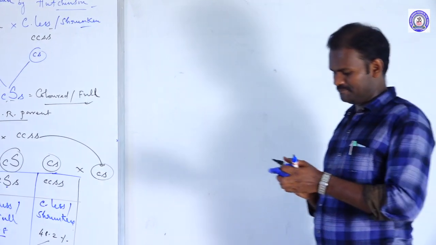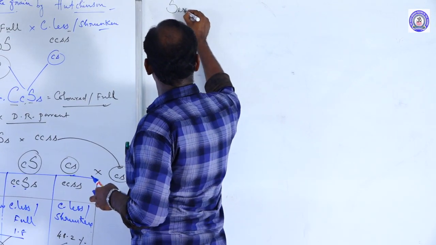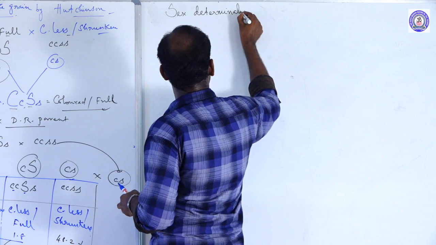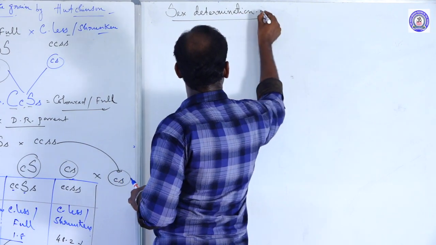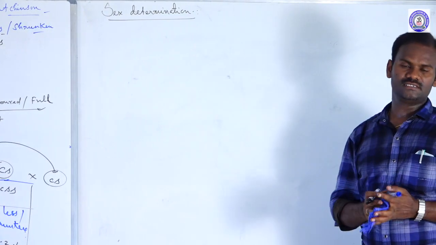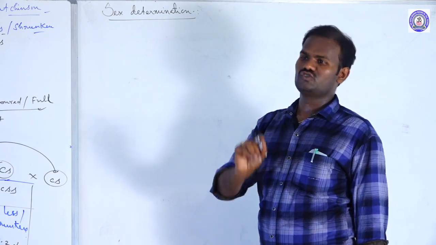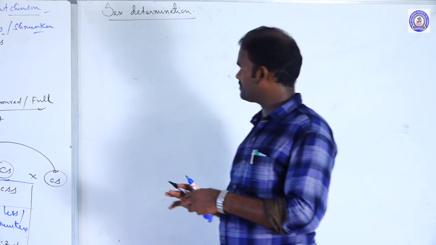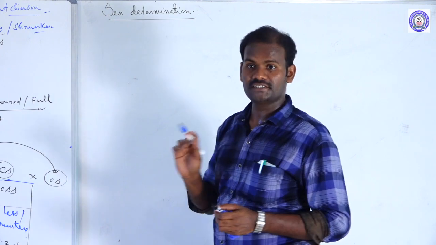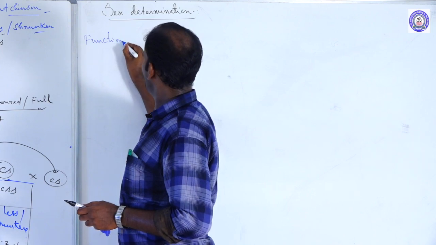The next topic we discuss is sex determination. In most animals, and in some plants, sex is determined by allosomes, also called sex chromosomes. Based on their function, there are 2 types of chromosomes.